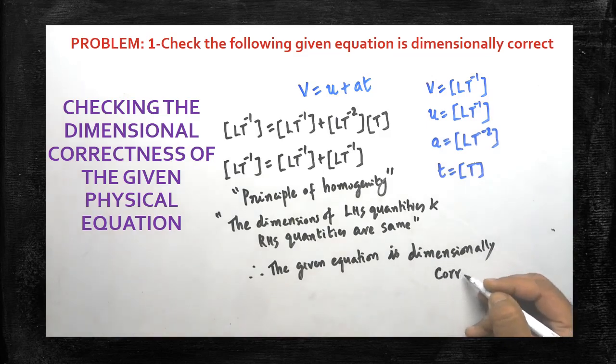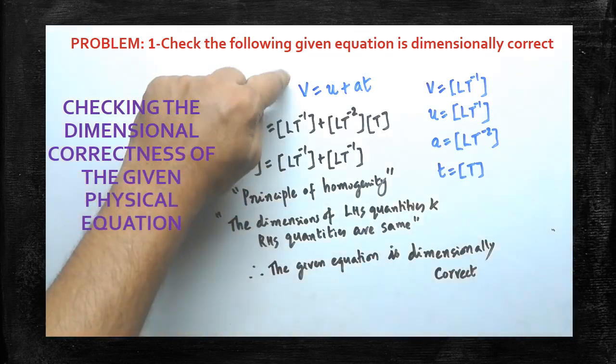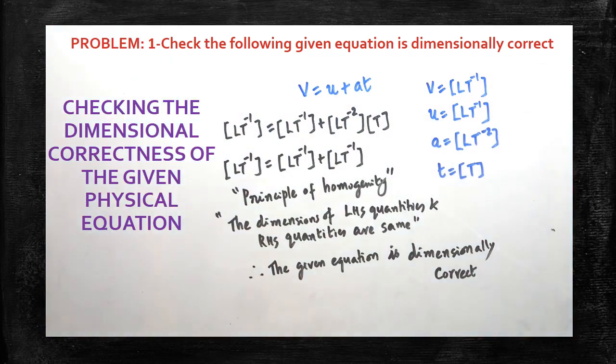This is the conclusion. As per dimensional analysis, this given equation is dimensionally correct. This kind of conclusion must be written at the end. So this is the method of checking the equation by using dimensional analysis. We have checked whether the equation is correct or not by using dimensional analysis.